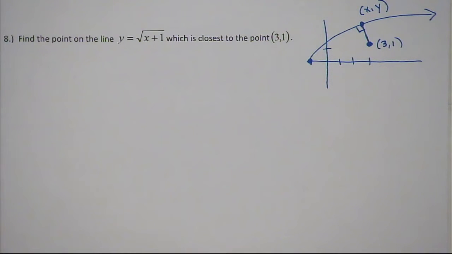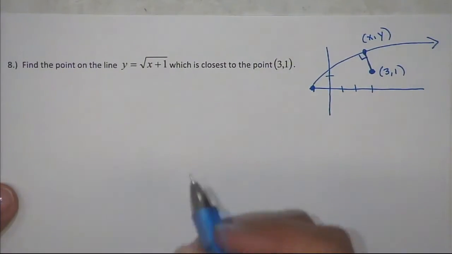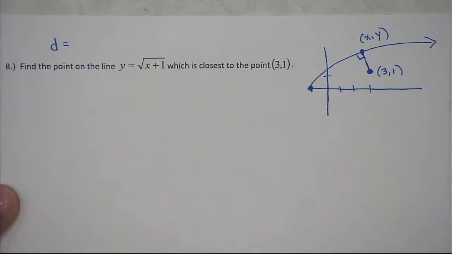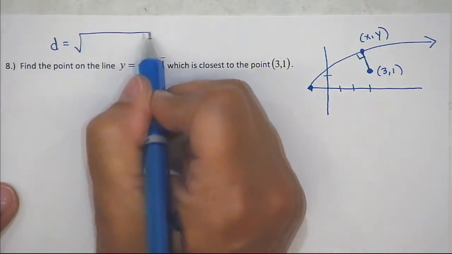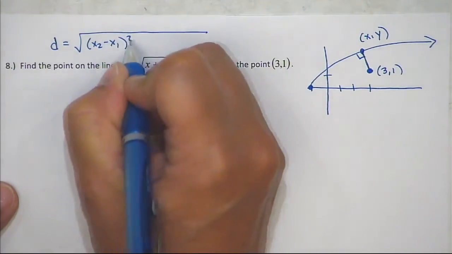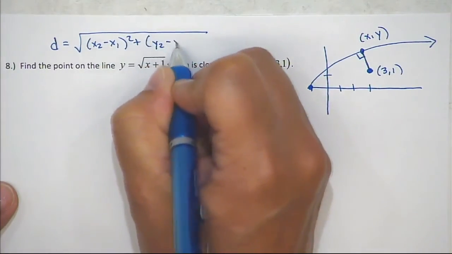All right, so when we're talking about how far away something is from something else, that's a distance. So we need the distance formula. That is our main equation. I'm going to write the distance formula up here because I don't want it as part of my work, but let's just remember the distance formula: x2 minus x1 squared plus y2 minus y1 squared.